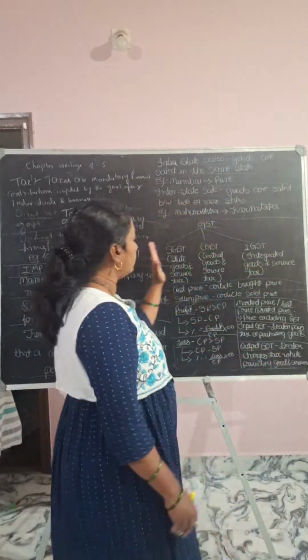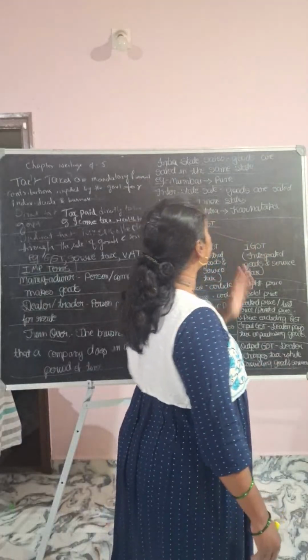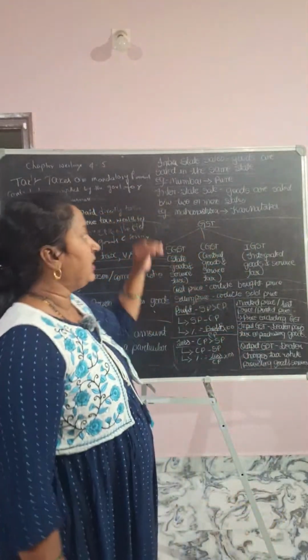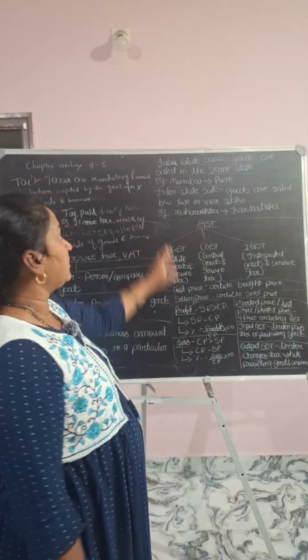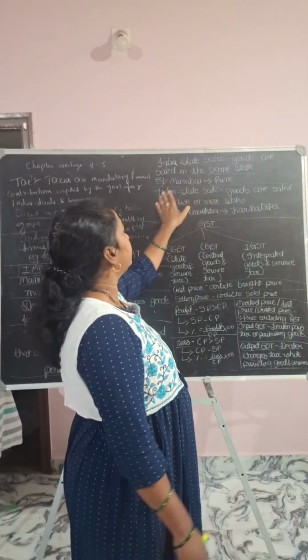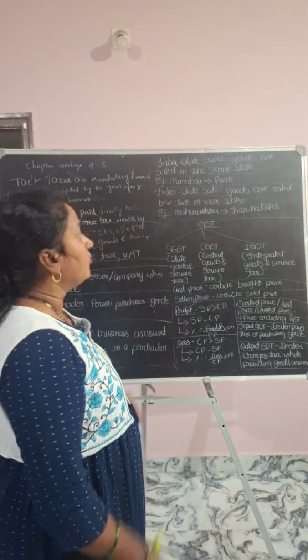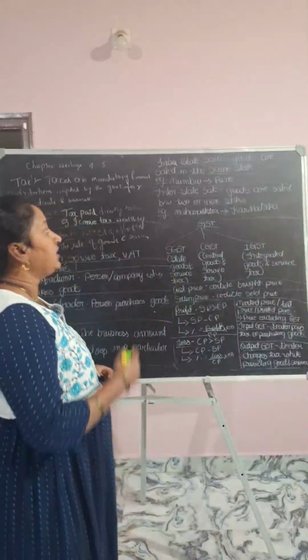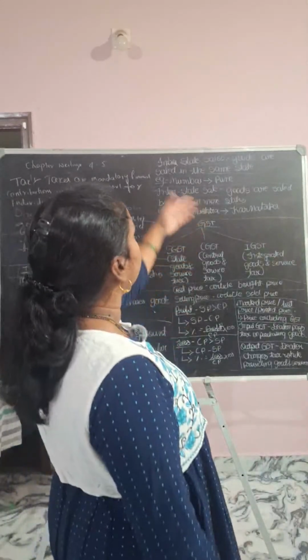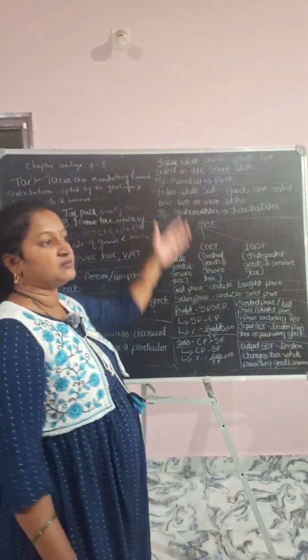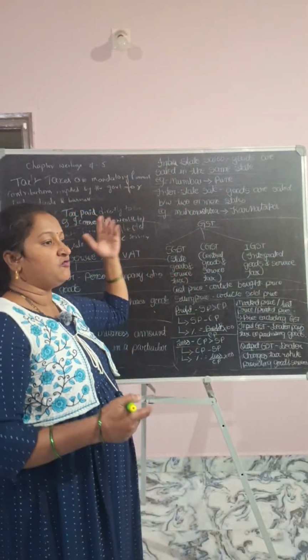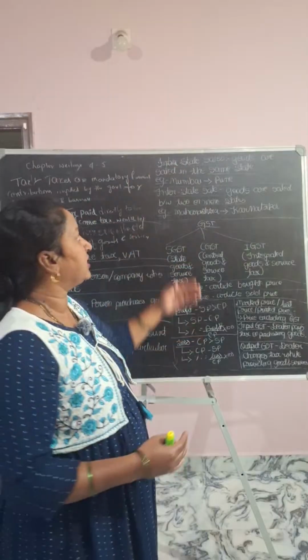Before knowing SGST, CGST and IGST, let us see two important terms, that is intra-state sales and interstate sales. What is intra-state sales? Intra-state sales means goods that are sold within the same state.